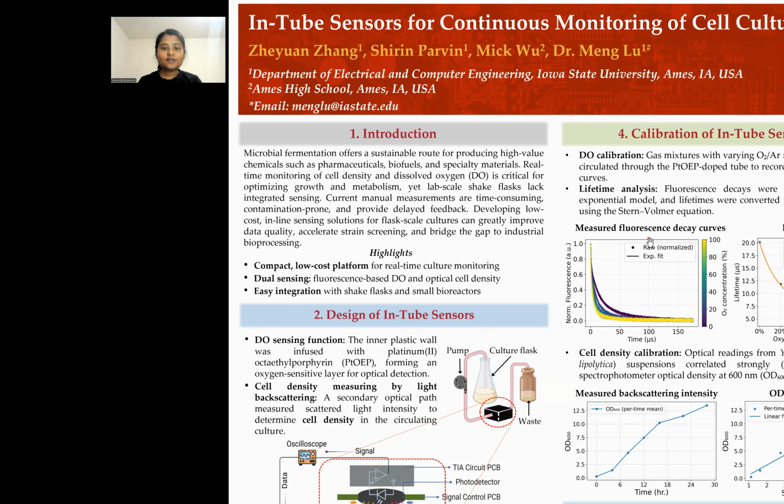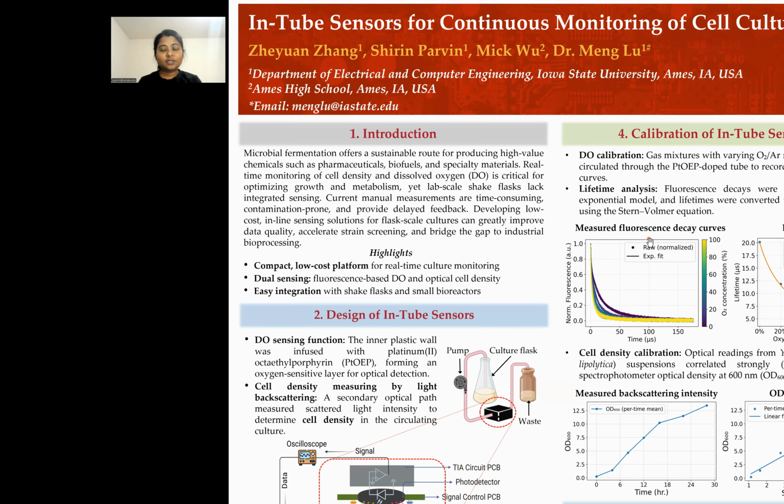Real-time monitoring of these cell cultures by the usage of cell densities and dissolved oxygen is critical for optimizing the growth of these cells. Yet, even though these processes start in the lab scale shake flask cultures and small bioreactors, there is no integrated system for measurement of cell density and dissolved oxygen.